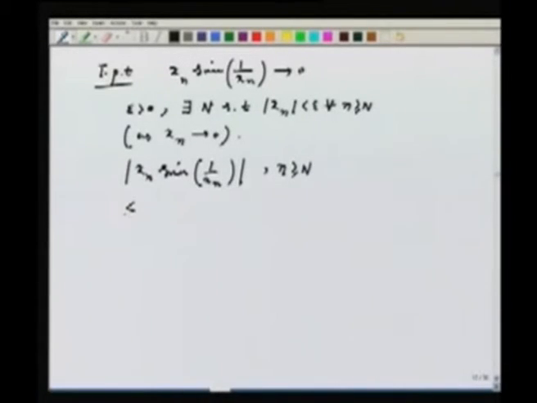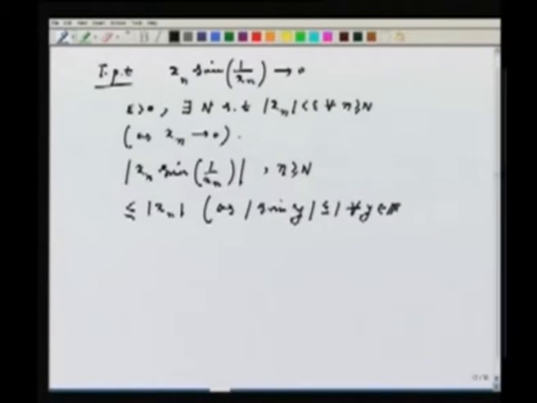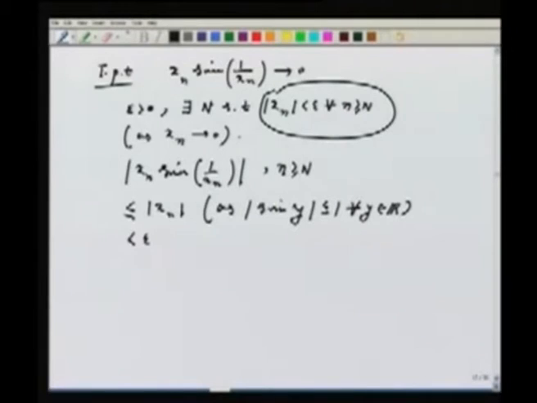I know that this quantity is less than or equal to modulus of xn, as mod sine y is less than or equal to 1 for all y in R. And modulus of xn is anyway less than epsilon. That is what I have written here. So this implies f is continuous at 0. So this is how one uses the sequential criterion to check continuity of a function, or even discontinuity of a function.